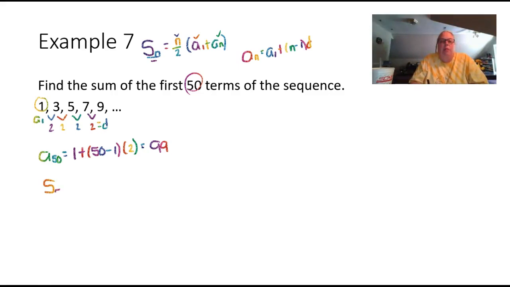The sum of the first 50 terms is going to be 50 divided by 2 times the first term plus the 50th term. And that's going to give me 2,500. So if I added the first 50 of these terms, I would get the answer 2,500.